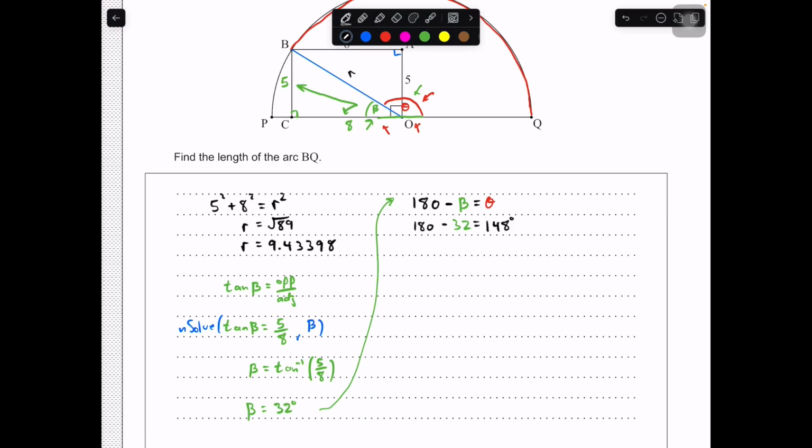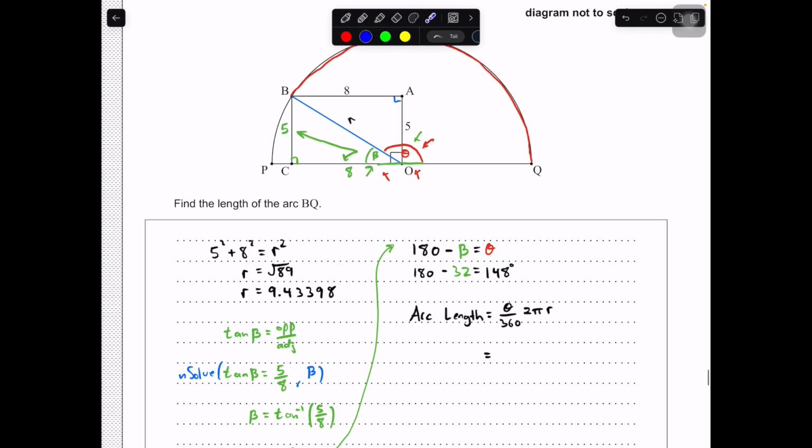We know our arc length formula. Let's write it out as our arc length. Our arc length formula is equal to theta over 360 times 2 pi r. All right, so what angle do we rotate through here?